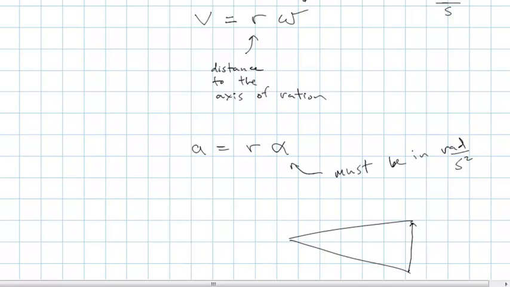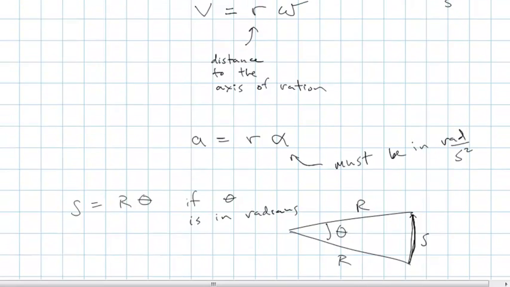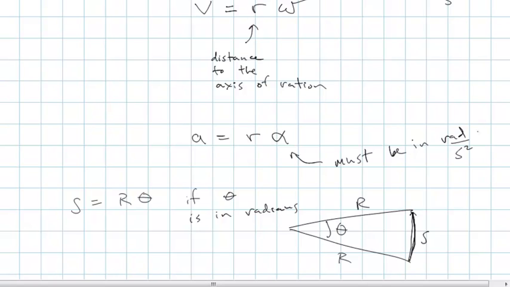If this is an arc length, which we'll call s, and this is the distance r, and that's theta, we know that arc length s is equal to r theta if theta is in radians. And we use that relationship in deriving these other two for velocity and acceleration. So that's why you have to be in radians for those two.